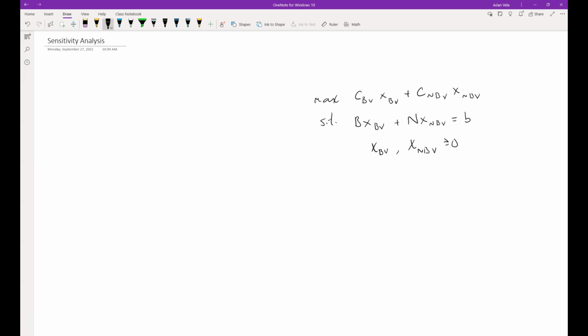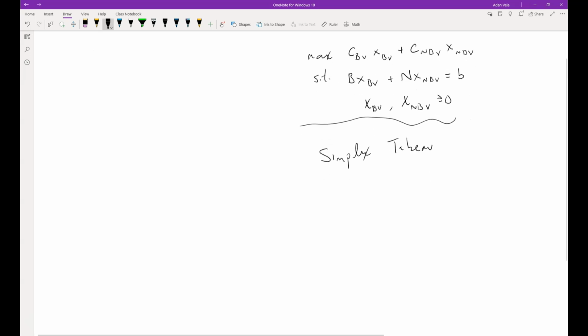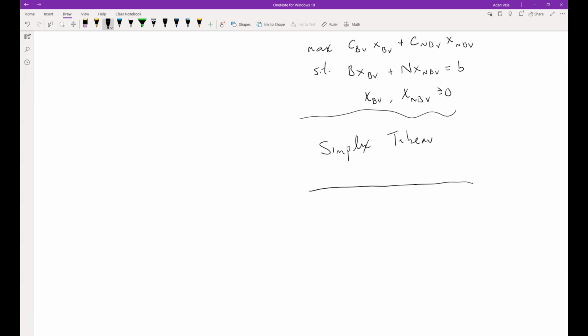Okay, now the way that I like to think about this is in the context of our Simplex Tableau. All right, so in the Simplex Tableau, we have a series of rows and decision variables. So up top, we might have our decision variables.